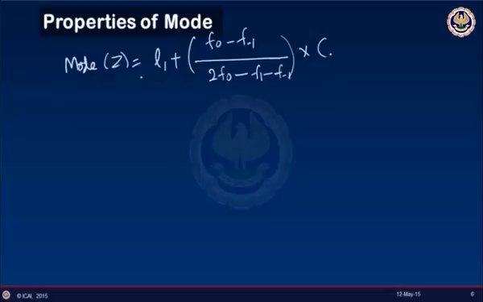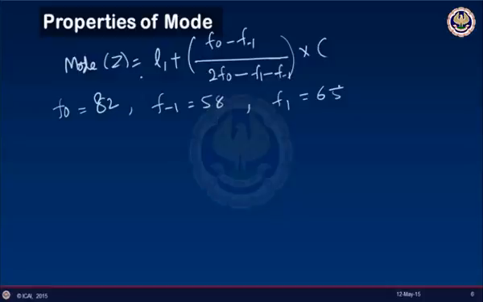From the earlier table, we have found that F0, the modal class frequency, is 82, F minus 1 is 58, and F1, the post-modal class frequency, is 65.